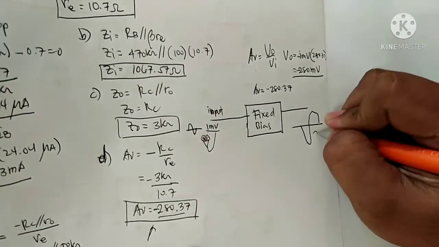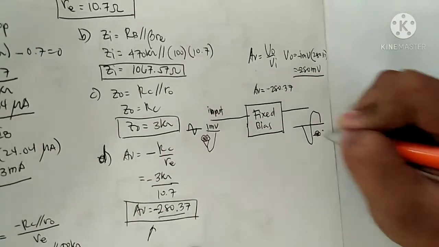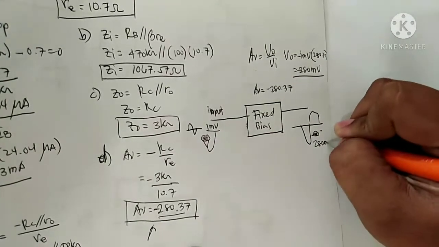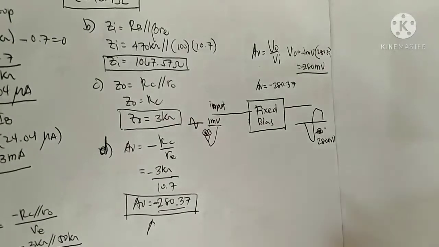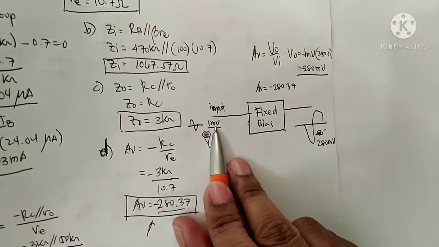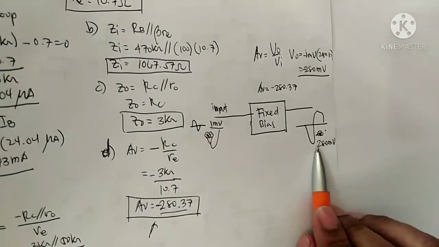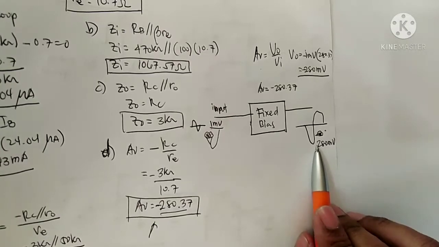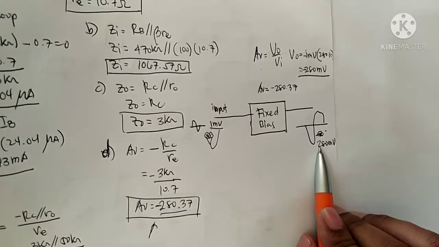So from a 1 millivolt input, it comes out of the amplifier as 280 millivolts.